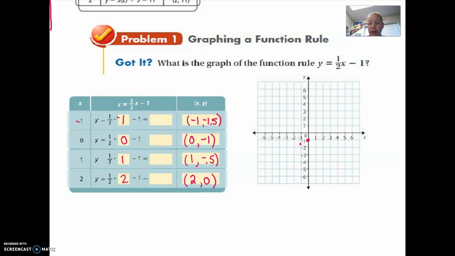Then we would have 1 and -0.5. So that would be about right here, and then 2, 0, right about here. So we can see that if we were to connect these together, we make our straight line here to show that relationship. Okay, so just graphing a function rule there.